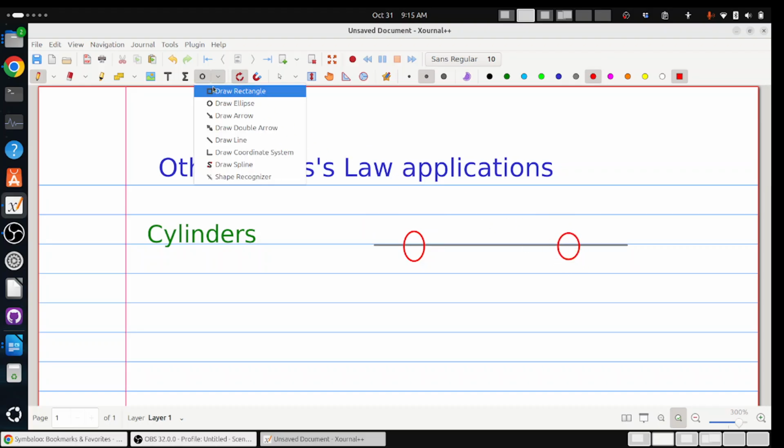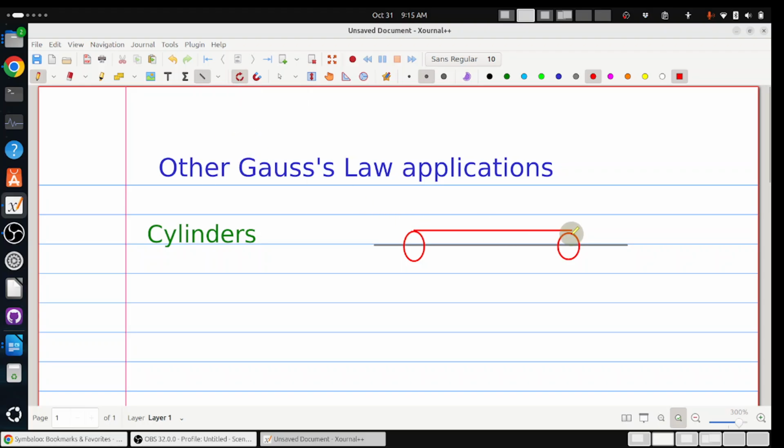And this is not a perfect diagram, but you got your Gaussian cylinder there, and so depending on how much charge you've gotten there, you're going to be able to go through and calculate that.